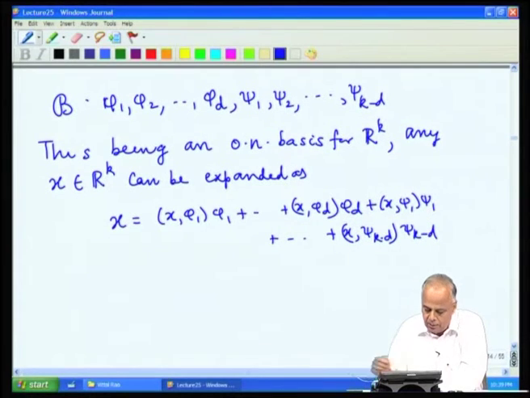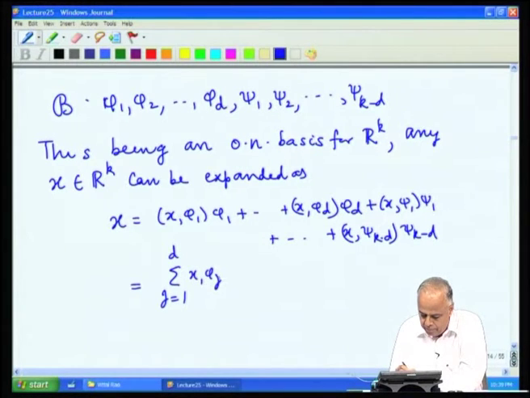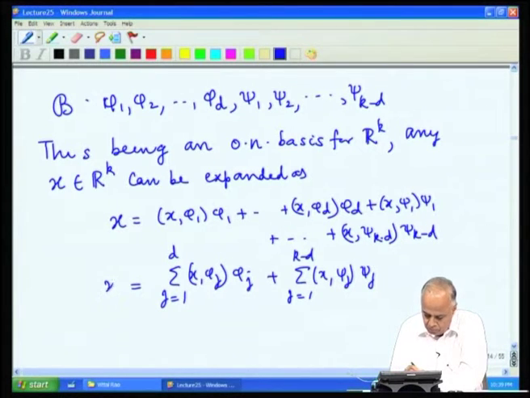We will write this simply as the sum over j equal to 1 to d of the inner product of x and phi j times phi j, plus the sum over j equal to 1 to k minus d of the inner product of x and psi j times psi j. Let us call this 1.